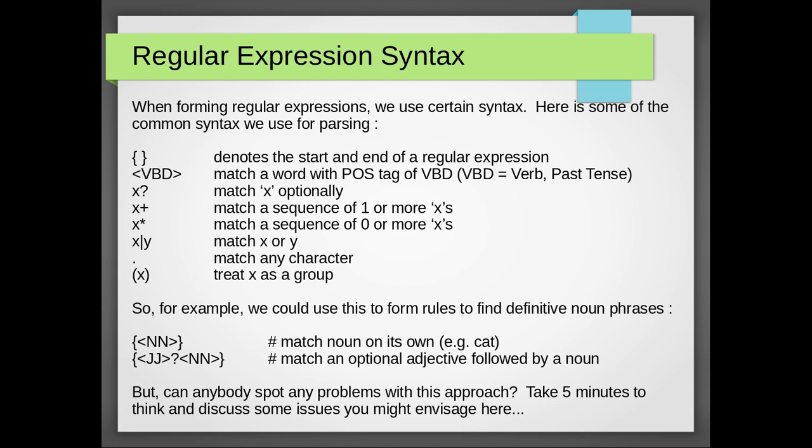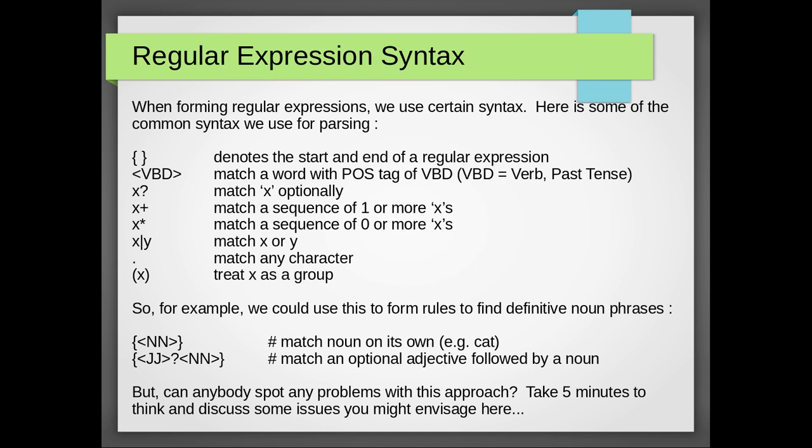Where we've got X question mark, that just means optionally match X. So you can have an X, but there may also not be an X there, whatever X is. So it might be, for example, an optional adjective followed by a noun. X plus means match a sequence of one or more X's. So that needs to be at least one of whatever X is, but there can be more.